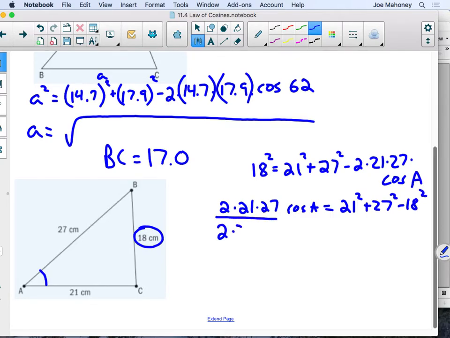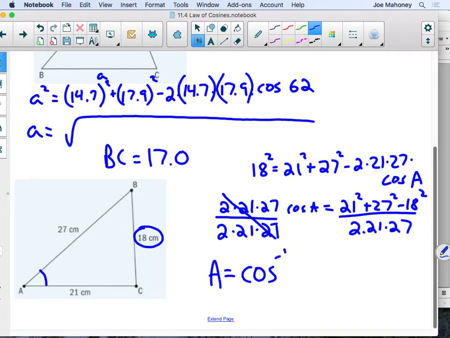I've got to divide both sides by 2 times 21 times 27. That cancels that out. And then I've got to do the inverse cosine. So A is going to equal the inverse cosine of this big calculation.